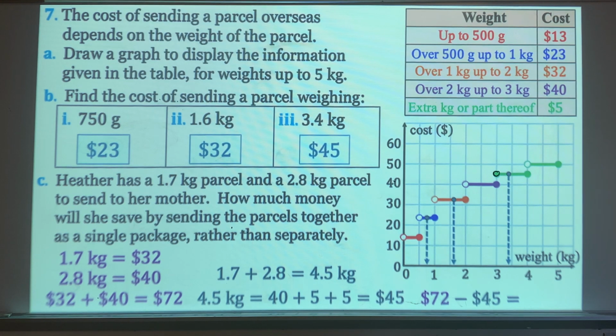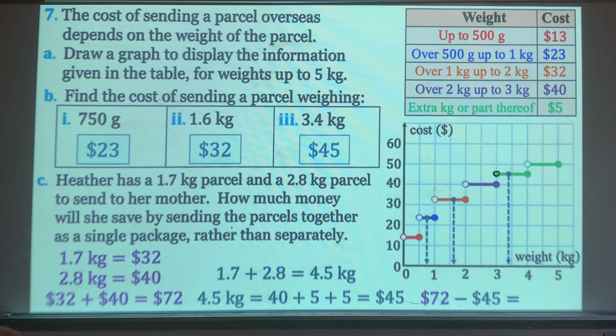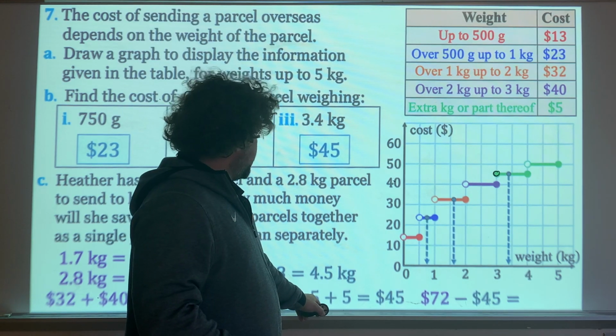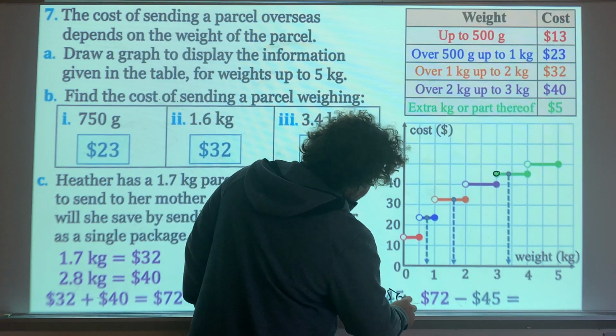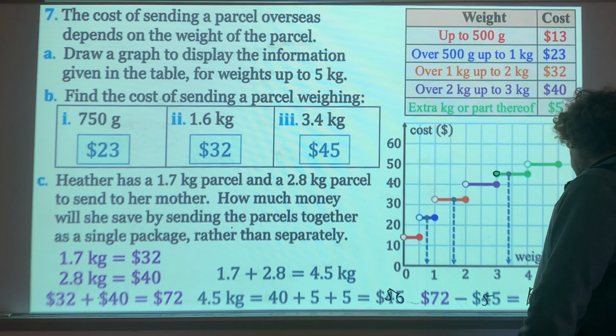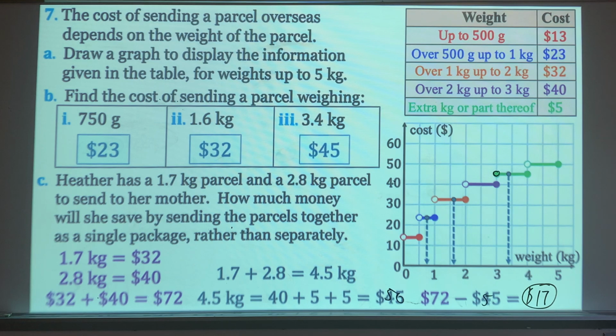How'd I get... That's not right. 40 plus 5, and that's from 3 to 4 plus 5, so this is 50. 72 minus 50 is, she would save $17. I was doing so good too with my answers without making mistakes. All right. Oh, and I got 17 there.